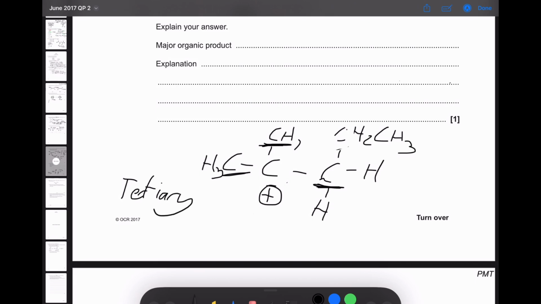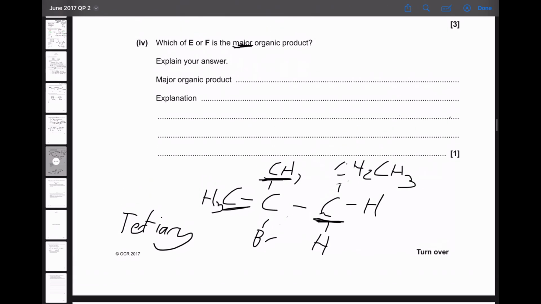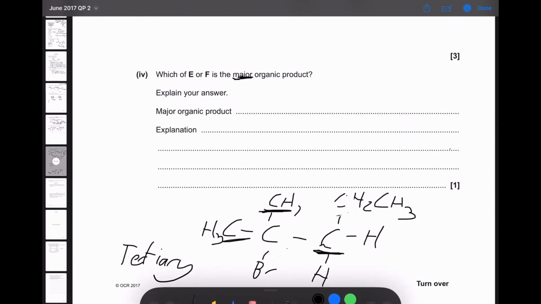And tertiary is obviously more stable than secondary, which is what we had last time. So the bromine's going to go here, and then what do we call this? Well, we'll put a bromine here. As always, go along the longest carbon chain, so it's going to be 1, 2, 3, 4, 5.